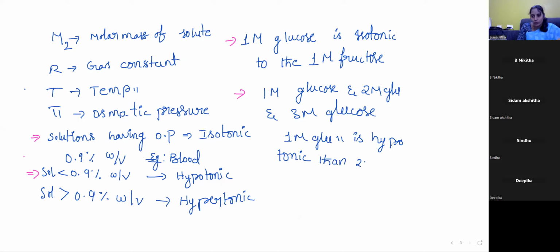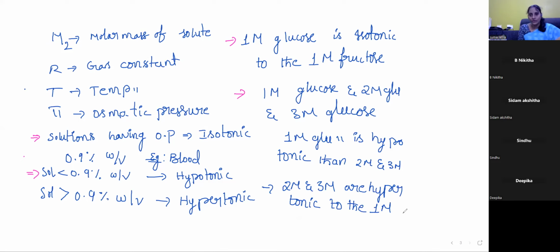Clear, all of you? 2 molar and 3 molar are hypertonic to the 1 molar glucose. Clear all of you? Yes. Please note, all of you.